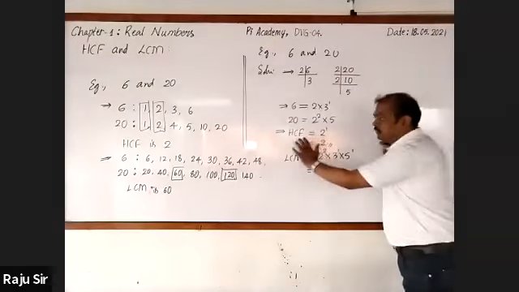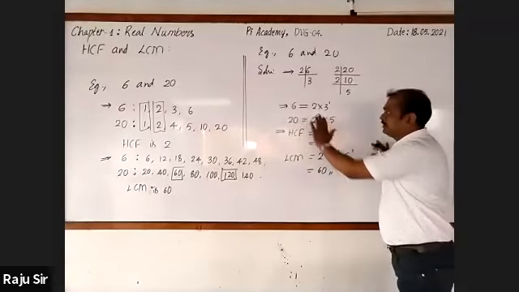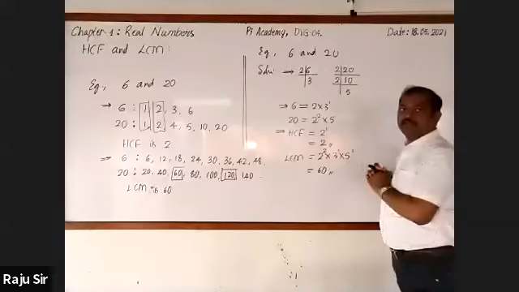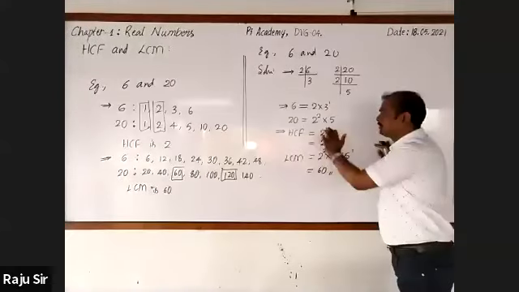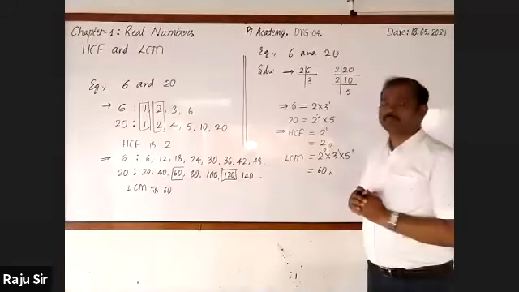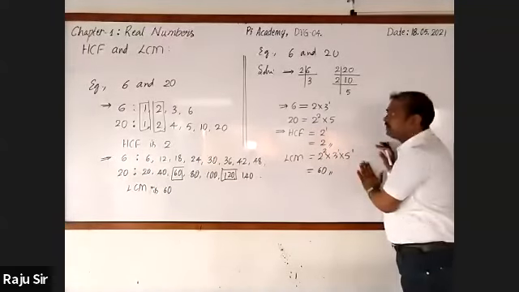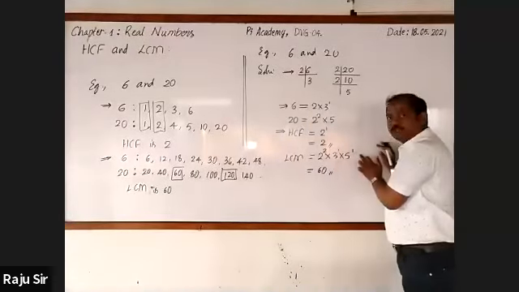Look here. Just to remind you how we have found out HCF. We took the common factor, then its least power was taken. Then after that, we found out the value. That is here, in this case, 2 raised to the power 1 is 2. And for LCM, we took all the factors and the highest power of each factor was taken.